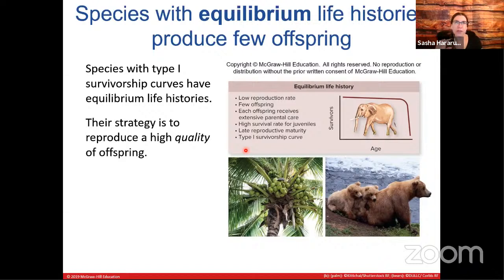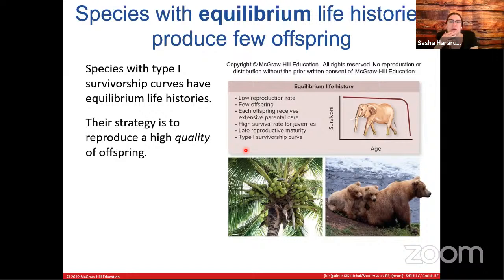So instead of allocating energy to producing many offspring and leaving it up to chance for the offspring to survive, the populations with equilibrium life history are allocating more energy to taking care of the young. Some plants also have equilibrium life history, and the plants obviously cannot take care of their young, but the plants allocate energy to ensuring the seed has a high probability of survival and germination.